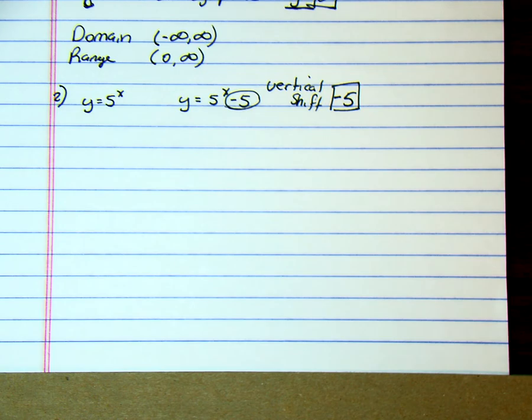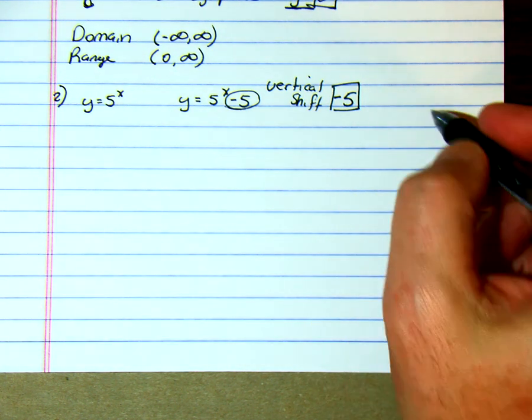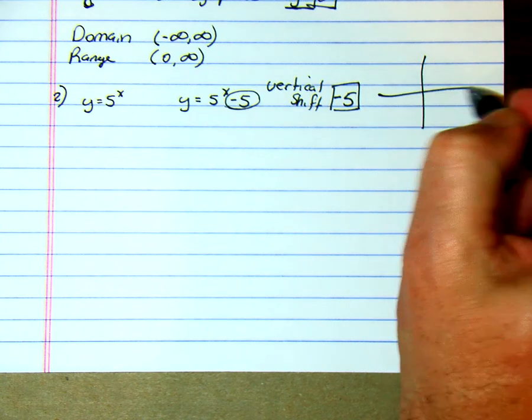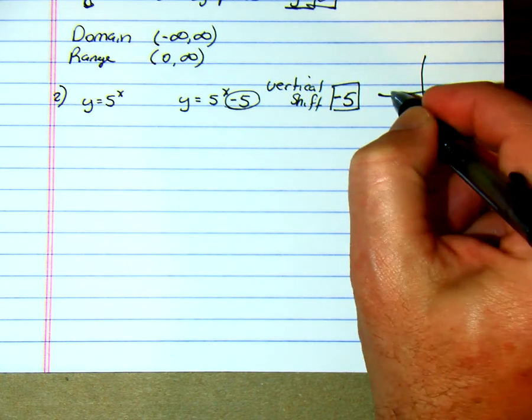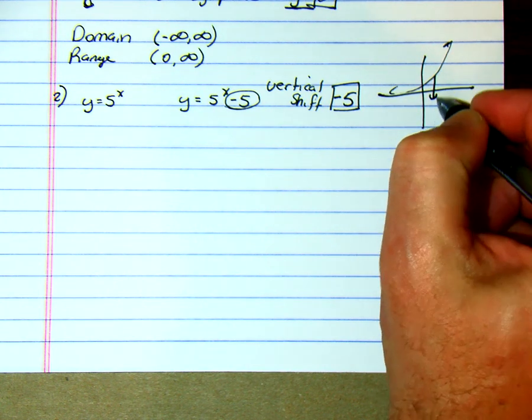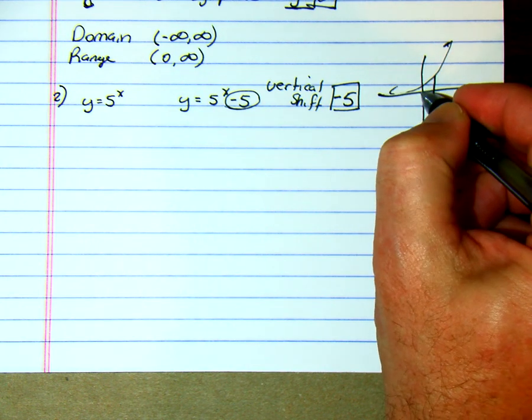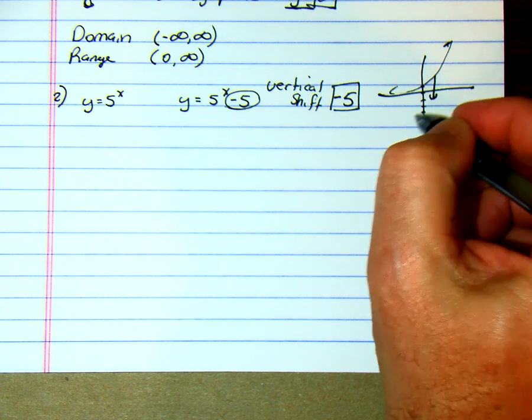And as well, we have to graph the asymptote. If we went back to my original, y equals 5 to the x power, it is going to be an exponential function that looks something like that, except this one's going to get shifted down 5 units. So if it started here at 0, 1, it's going to be here.